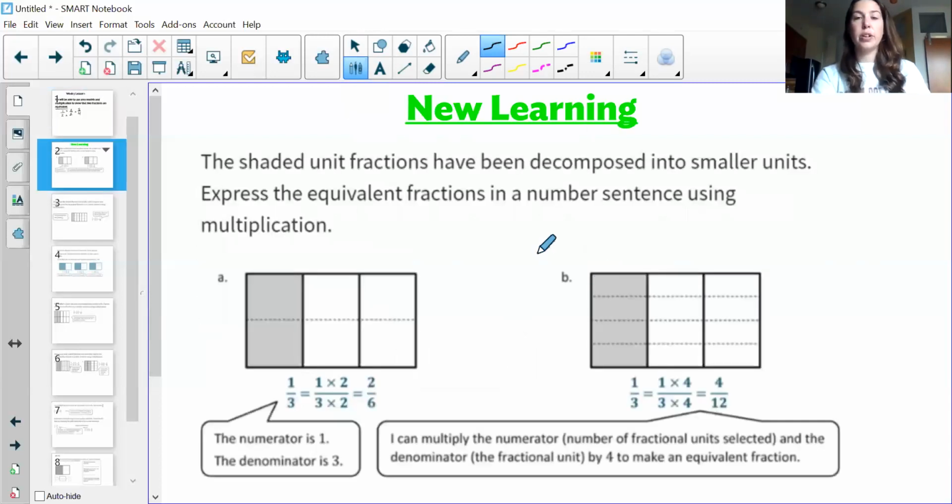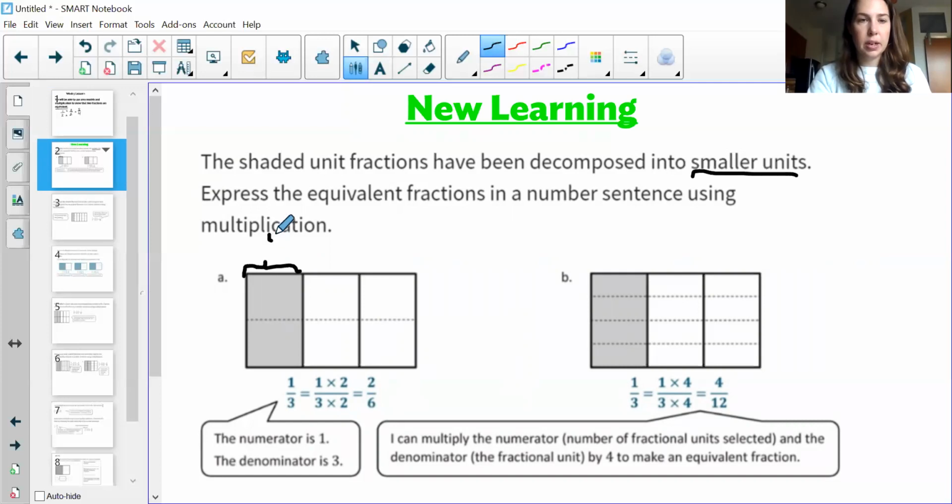Okay, so this one says the shaded unit fractions have been decomposed into smaller units. Express the equivalent fractions in a number sentence using multiplication. So they've already been decomposed for us. So here, we're looking at A, this first one. We can see that the amount that we started with before they decomposed was 1/3.